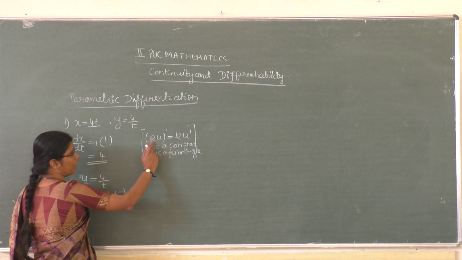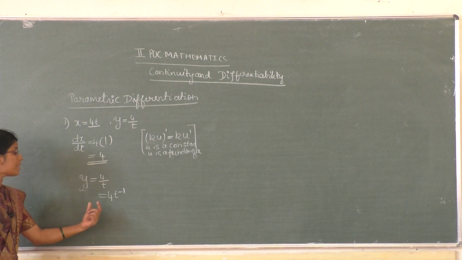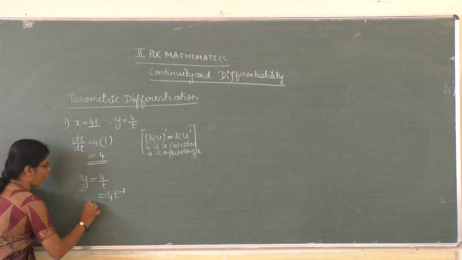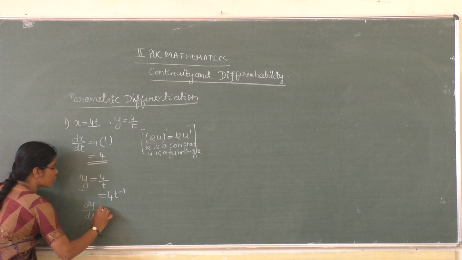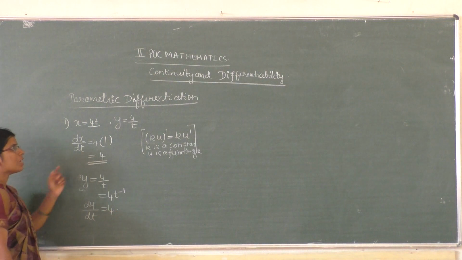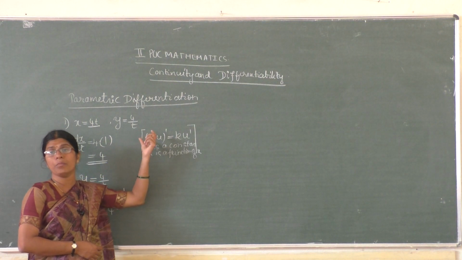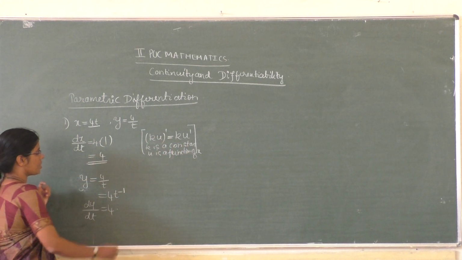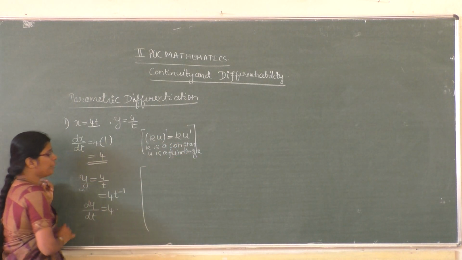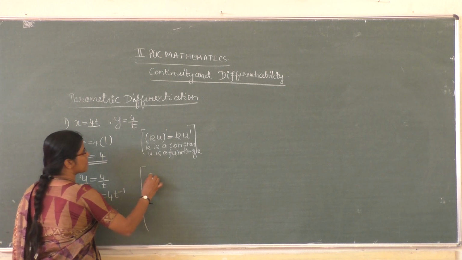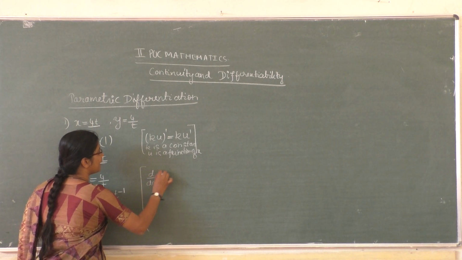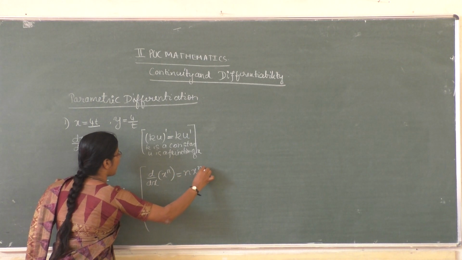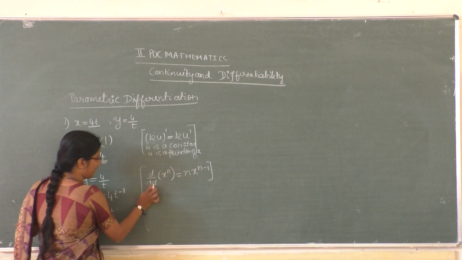Now once again we use the same rule, constant into function. You have to find the derivative of this with respect to t. So 4 we keep as it is, because we are using the same rule, k u whole dash is k into u dash. Now for t to the power minus 1, we have the standard derivative, d by dx of x to the power n is n x to the power n minus 1.